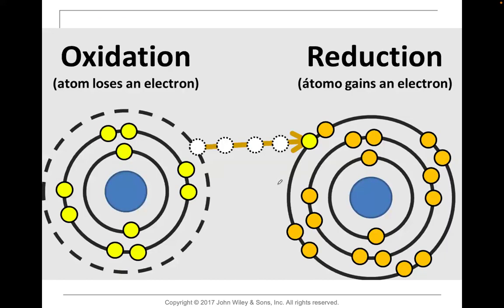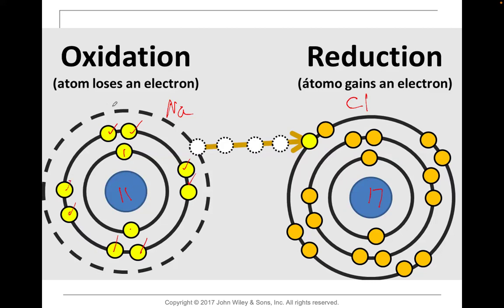And the classical example of that was sodium and chloride. Remember, this had 11 and this had 17. So 11 protons, 11 electrons. Let's see, 1, 2, 3, 4, 5, 6, 7, 8, 9, 10.